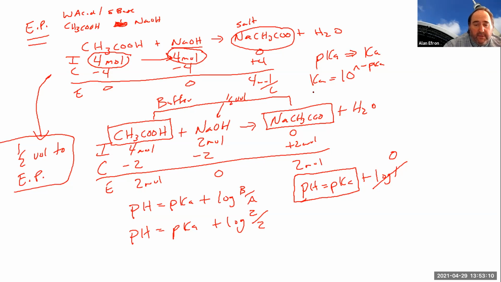Any questions on that part of it? Okay, so that's really sort of a major goal of part 2 of the experiment, maybe part 3 as well, is to use your titration curve to basically figure out what the pKa value of your weak acid is, or your Ka value as well.